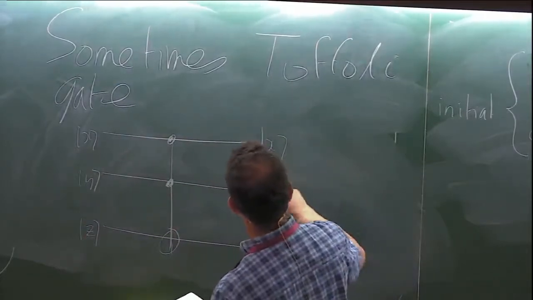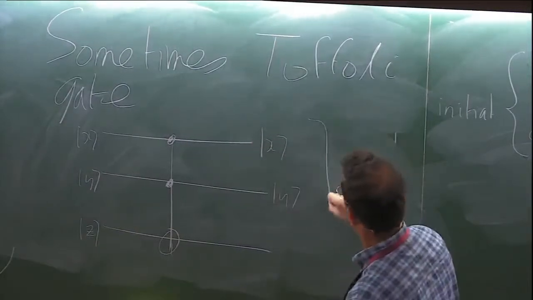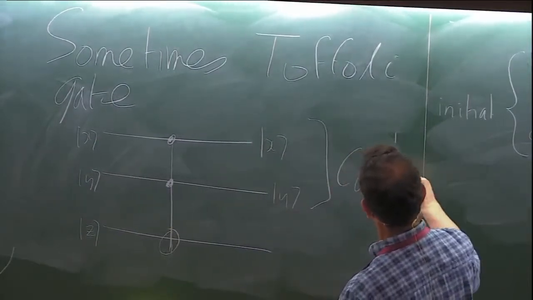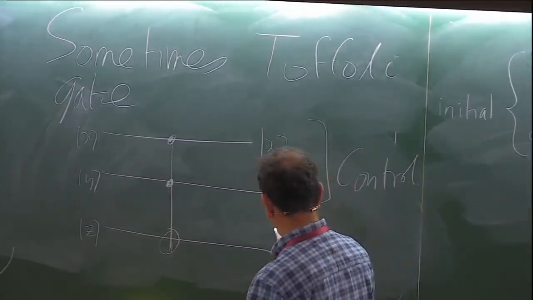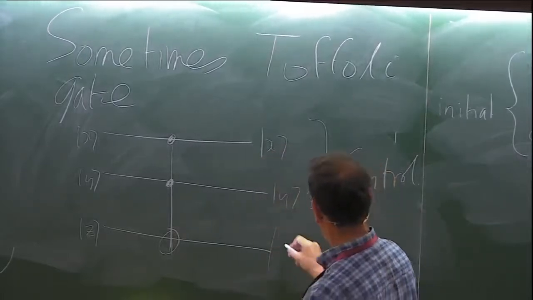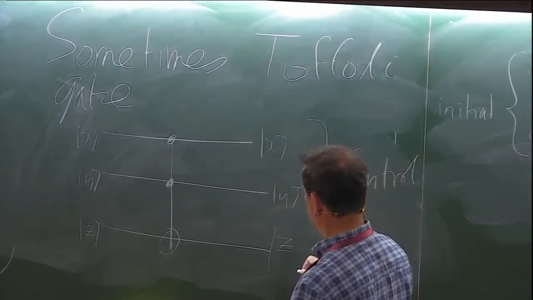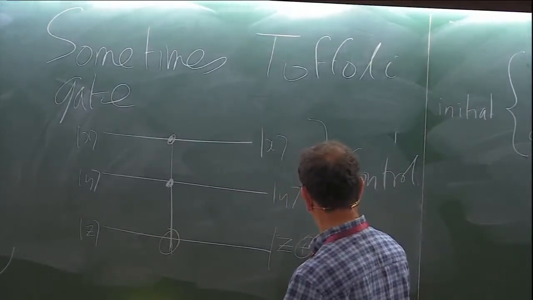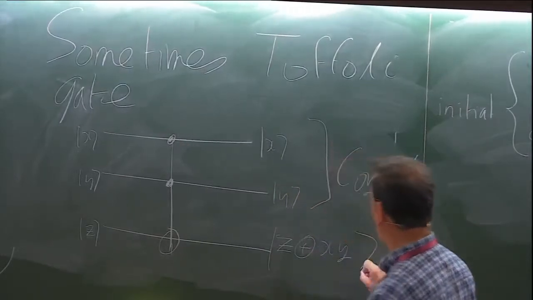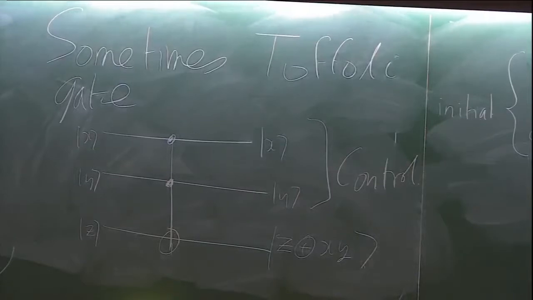Two of the bits, x and y, are control bits. The third one is the target qubit, and the target qubit flips if both x and y are 1. That's what this means.